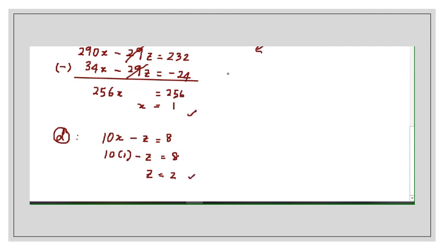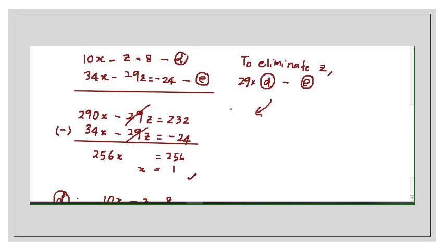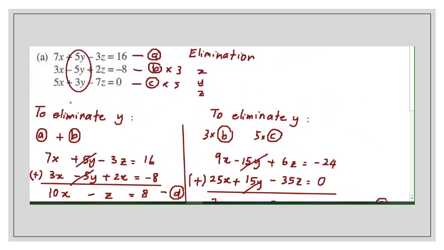To get answer y, we come back to our previous equation that has all variables. Any equation from the question, whether A, B or C, we can take and we can choose any of that.